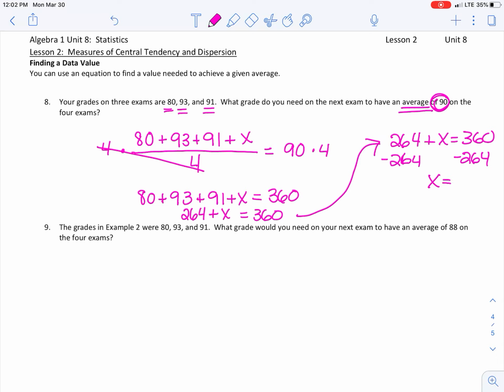And we get X equals 96. So that means that we need a 96% on our next exam to keep an average of 90 on all 4 exams. Okay.